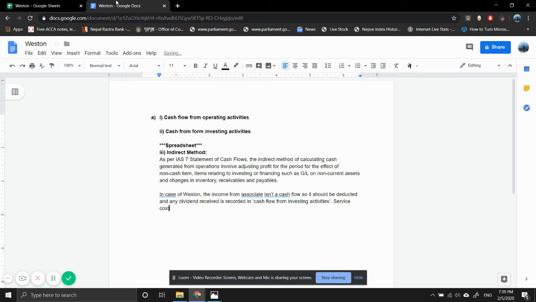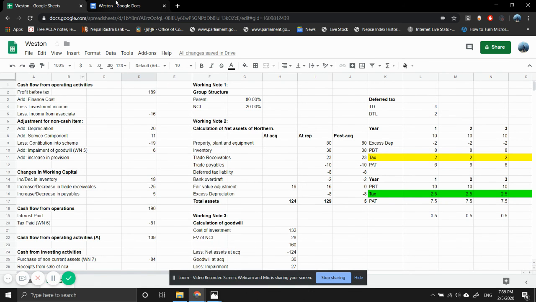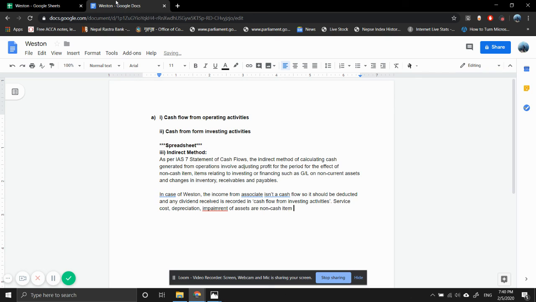Service cost, depreciation, and impairment of assets are non-cash items, so they are eliminated by adding back.